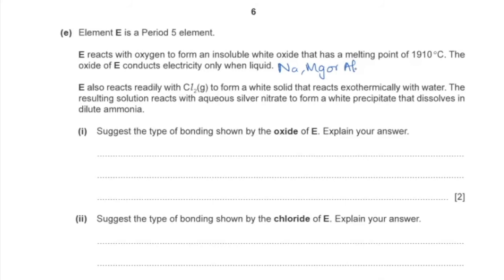Suggest the type of bonding shown by the oxide of E. Explain your answer. So E has a metal oxide, thus it has ionic bonding. And we can reason this statement because it says that it conducts electricity only when it's in liquid state.